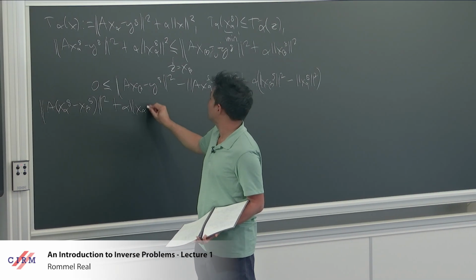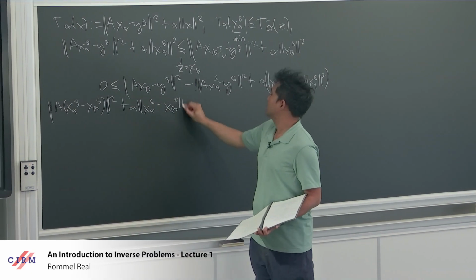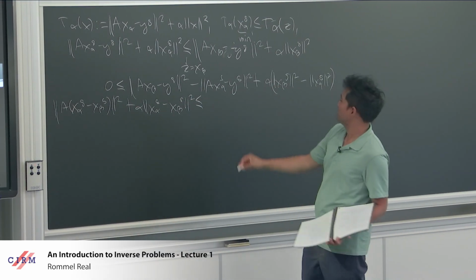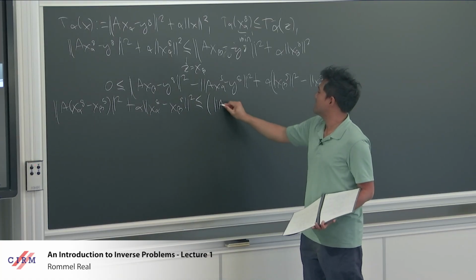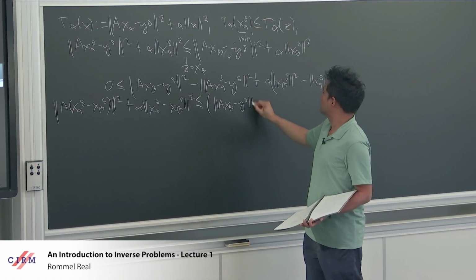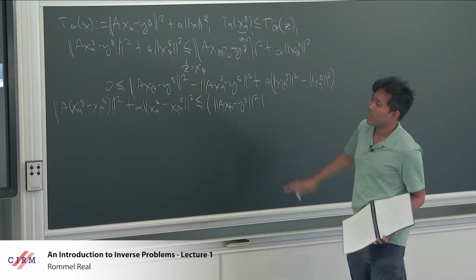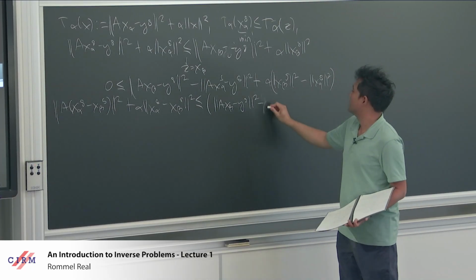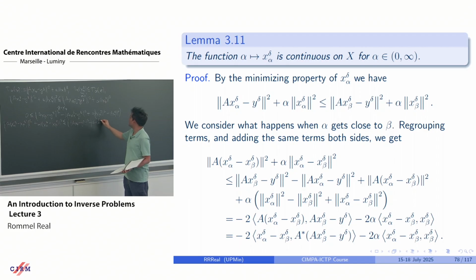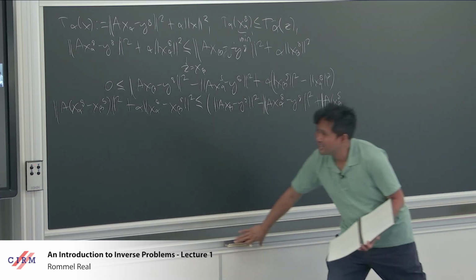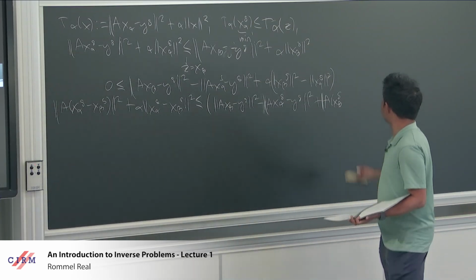Then you have, and then you group them in this way. There should be minus. So alpha delta, and then plus A times, oh, that should be alpha actually.